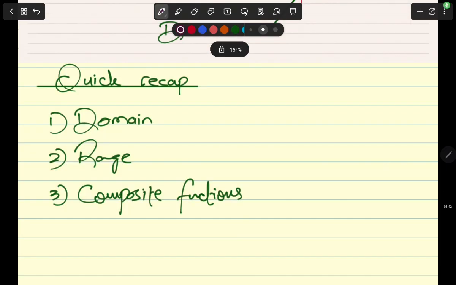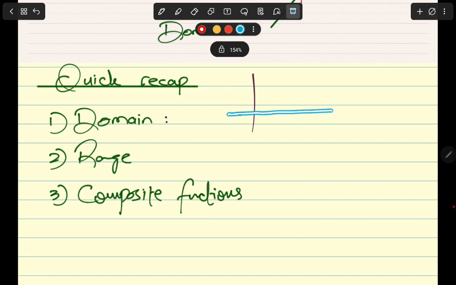Just to recap very quickly, in our first lesson we discussed what domain was. Basically, domain was all the possible values of x that we consider, so it's all the possible input values that we take, usually on the x-axis of the Cartesian plane.